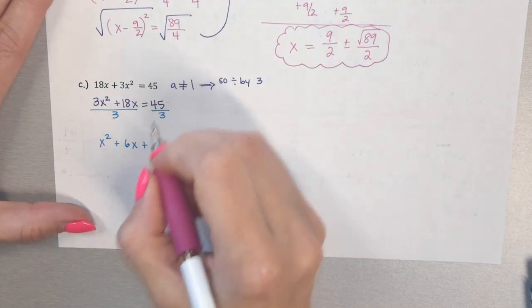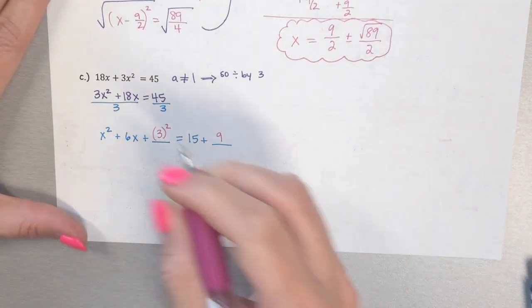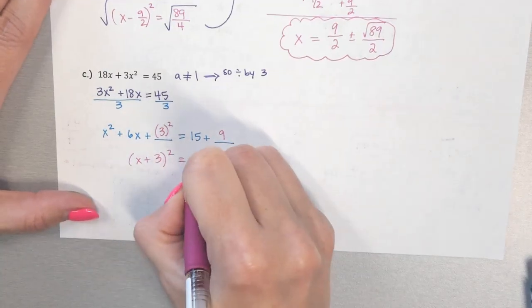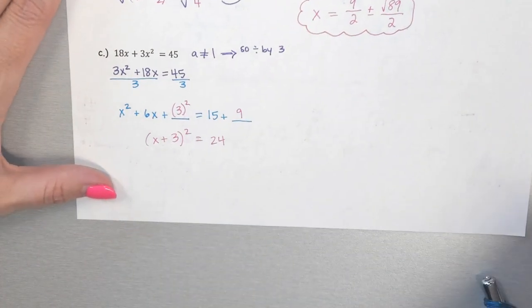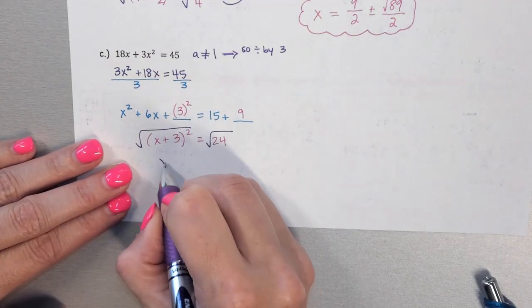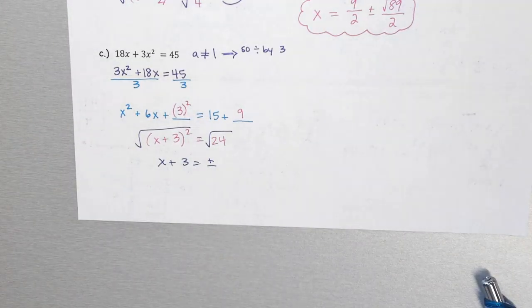All right, so half of b is 3. 3 squared is 9. What's 15 plus 9? 24. Take the square root. Okay, and then when we see 24, do we know what the perfect square is in 24? 4.